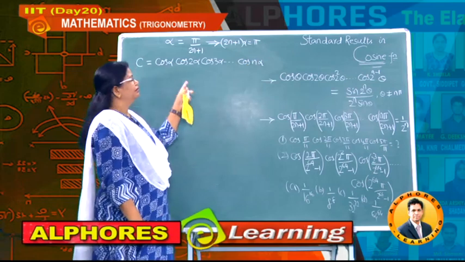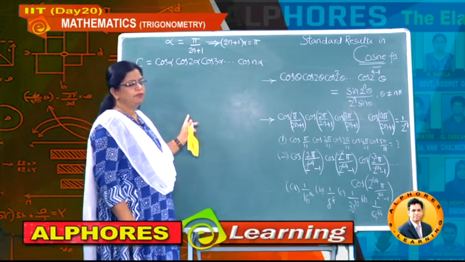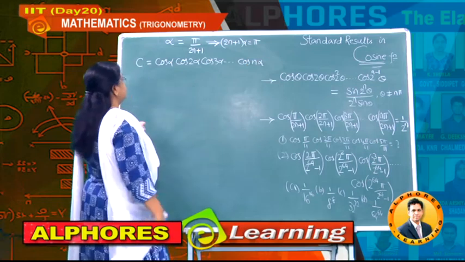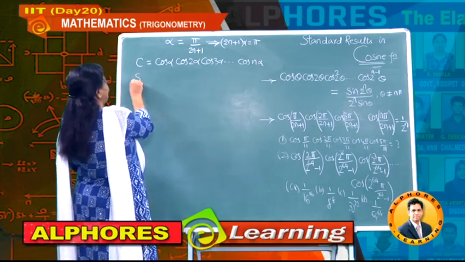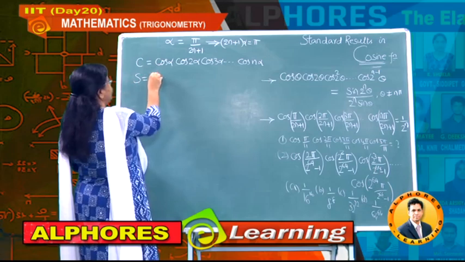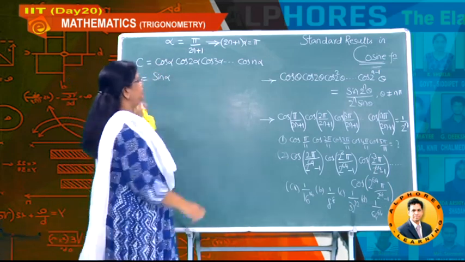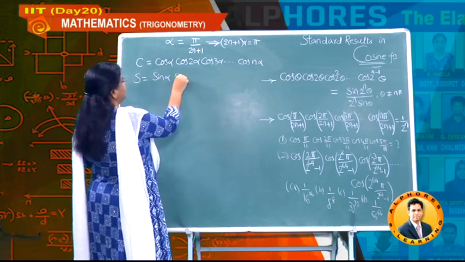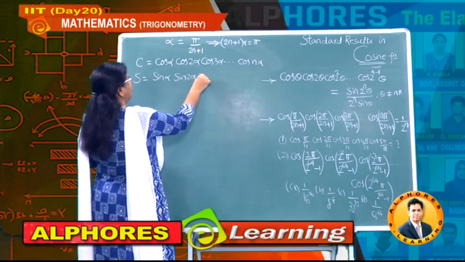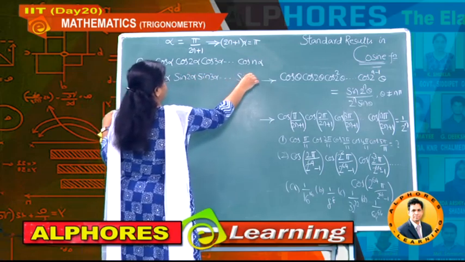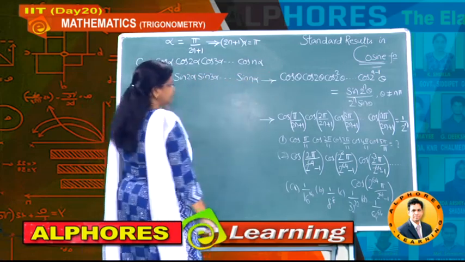Understand? In the same way, let us take sine values. What are the sine values, students? S equal to sin alpha, sin 2 alpha, sin 3 alpha, etc. It is nothing but sin n alpha. Got it up to here, students?